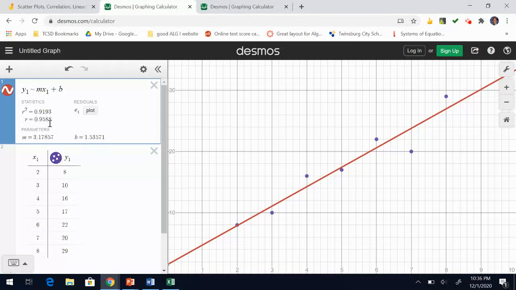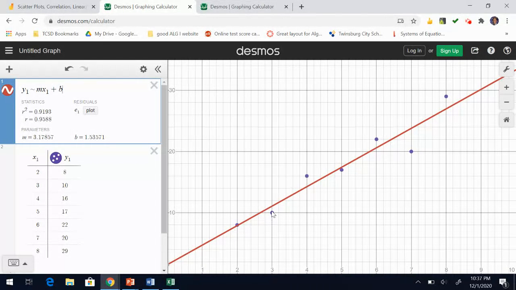And then if you look here, that r, remember we talked about that a couple slides before? That's my correlation coefficient. 0.95, that's pretty good, really close to 1. So this is going to be a strong correlation. You can see that right here in the red line. That's my line of best fit. Although it doesn't have to go through the points themselves, it does go through this one.